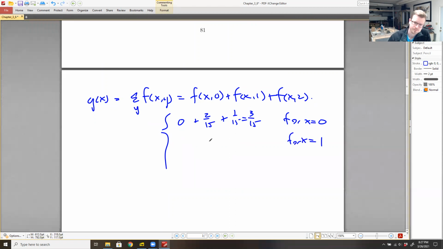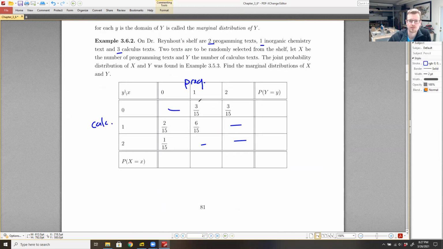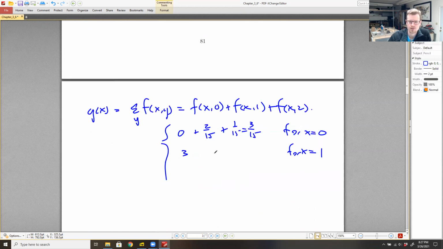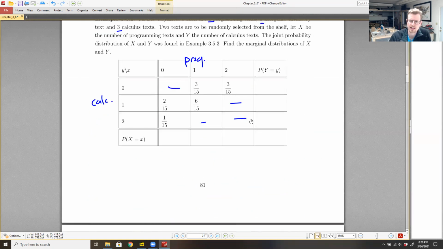And then for x equal to 1, we would have f of 1, 0, f of 1, 1, and f of 1, 2. So 3, 6, and 0 over 15 gives us 9/15. And then finally, for x equal to 2, we would have f of 2, 0, f of 2, 1, f of 2, 2.